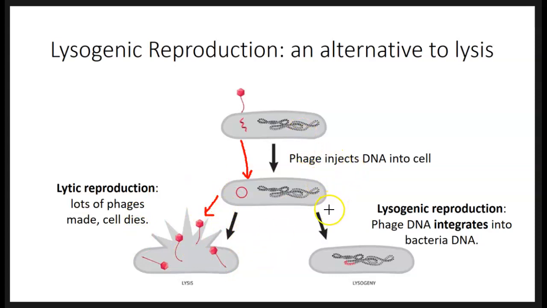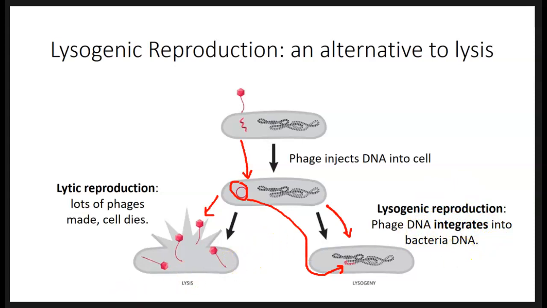But lysogenic reproduction looks like this. Instead of producing new phages, that DNA genome gets cut and pasted into the bacteria's genome. So it integrates, it cuts and pastes itself into the bacterial DNA.